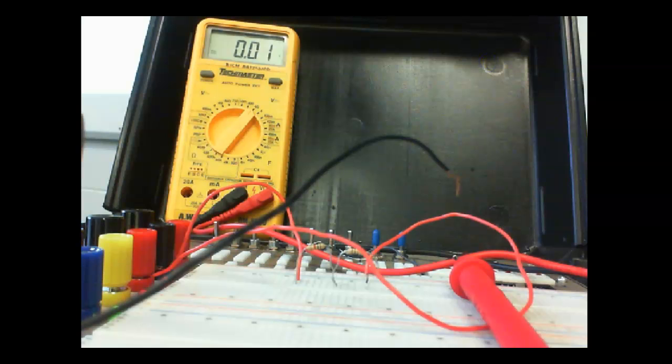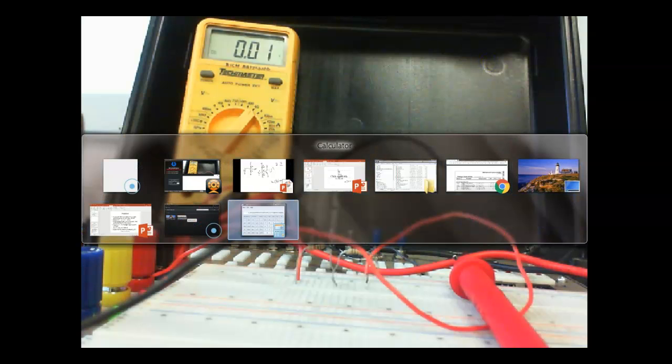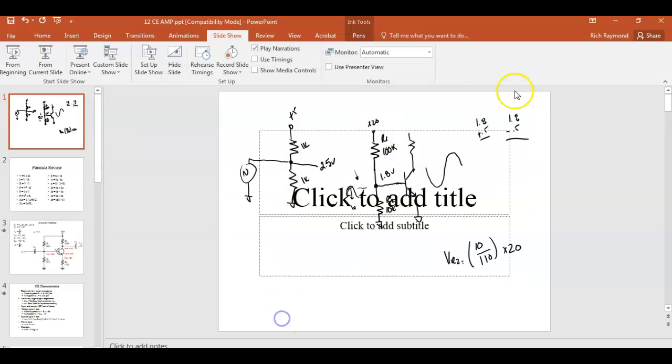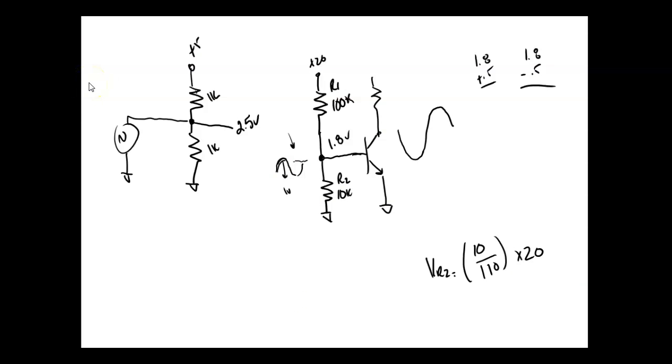What happens is when I put this AC source in, this right here drops to 0, which means this guy right here is dropping 5 volts.